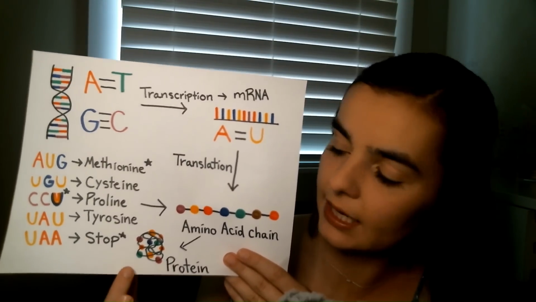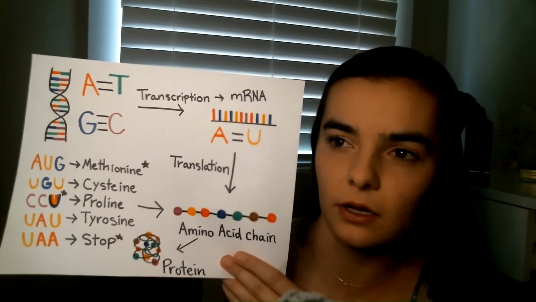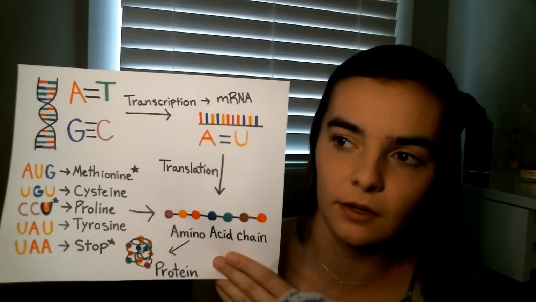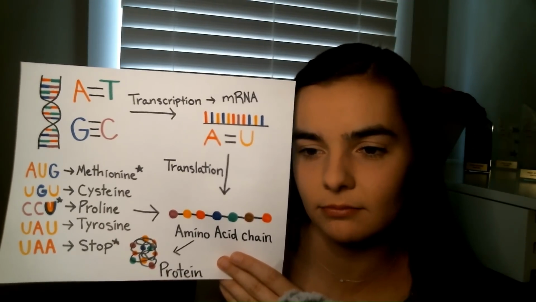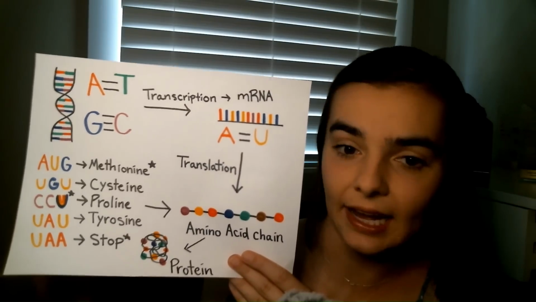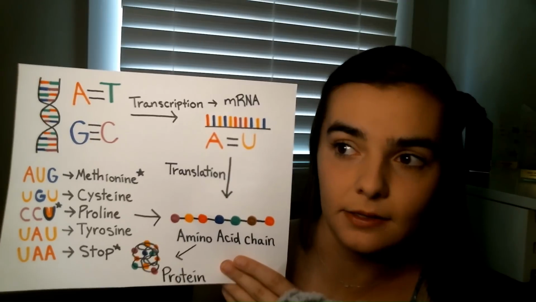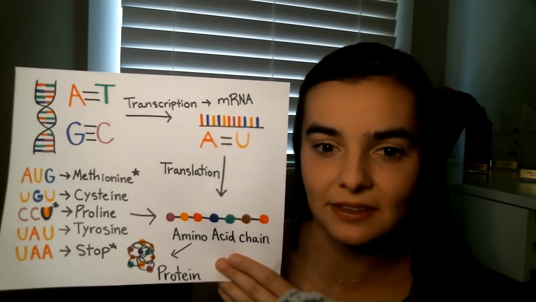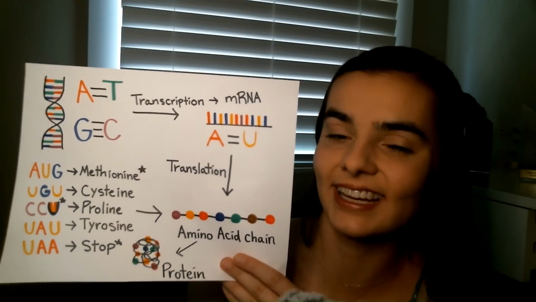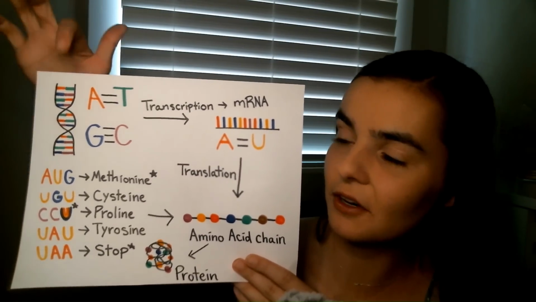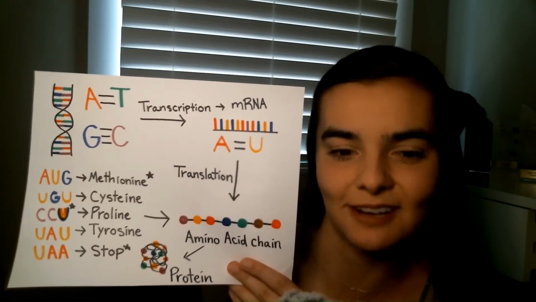It's dependent on the properties of the amino acids, like the charge on them or things like that determines how it is folded. And that could be something like an enzyme that digests your food, or it could be the proteins that make your eye color, anything. We have a ton of proteins in our body, and they're all coded for by our DNA.